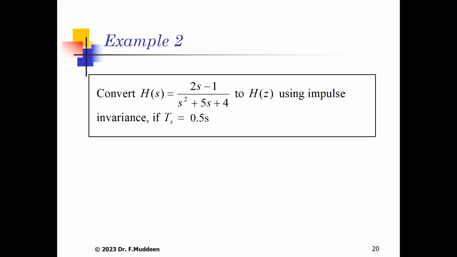So the mapping, again, is H(s) to H(t) to H(nT) to H(z). So H(s) to H(t), this is the inverse Laplace transform here.